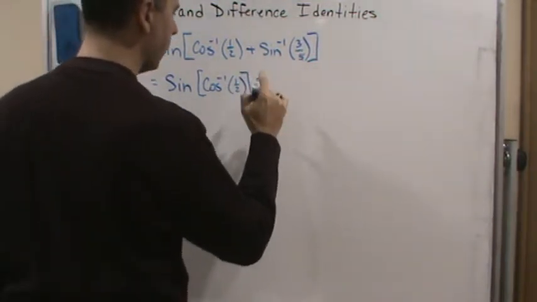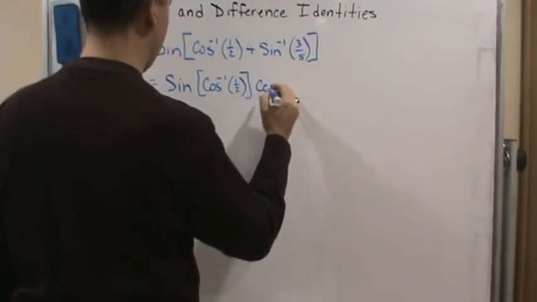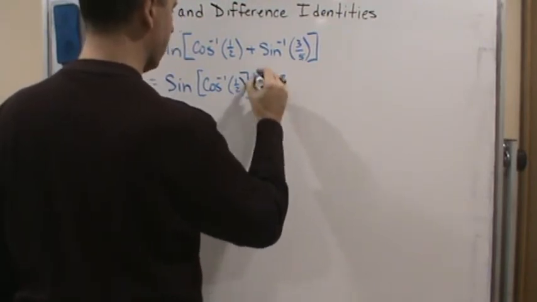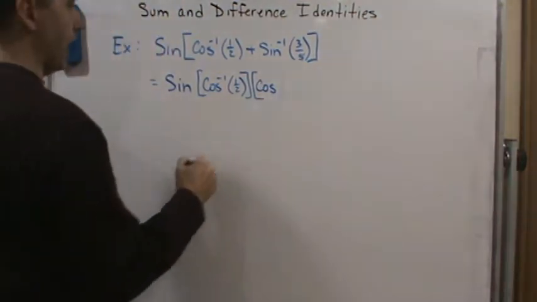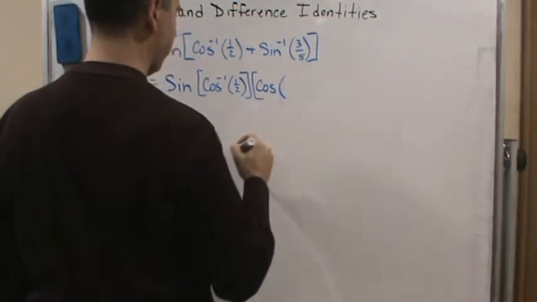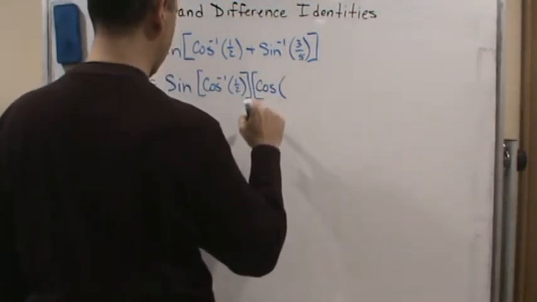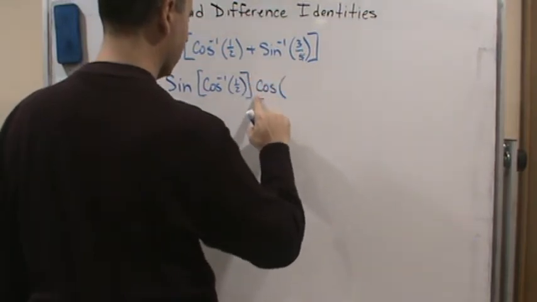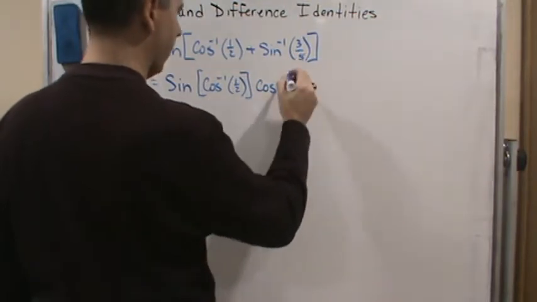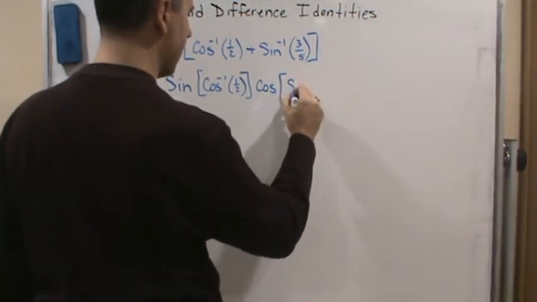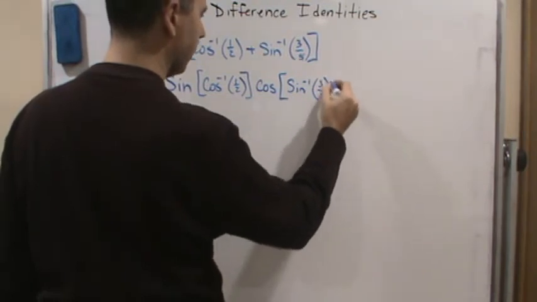times cosine of sine inverse of 3/5. That's what I want.